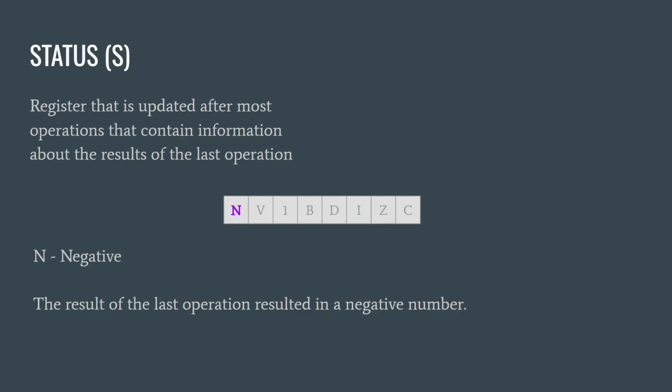But the 6502 does recognize negative and positive numbers, and so if the result of the last operation was a negative number, then the N bit is set. And that's it. 8 bits inside the status register.